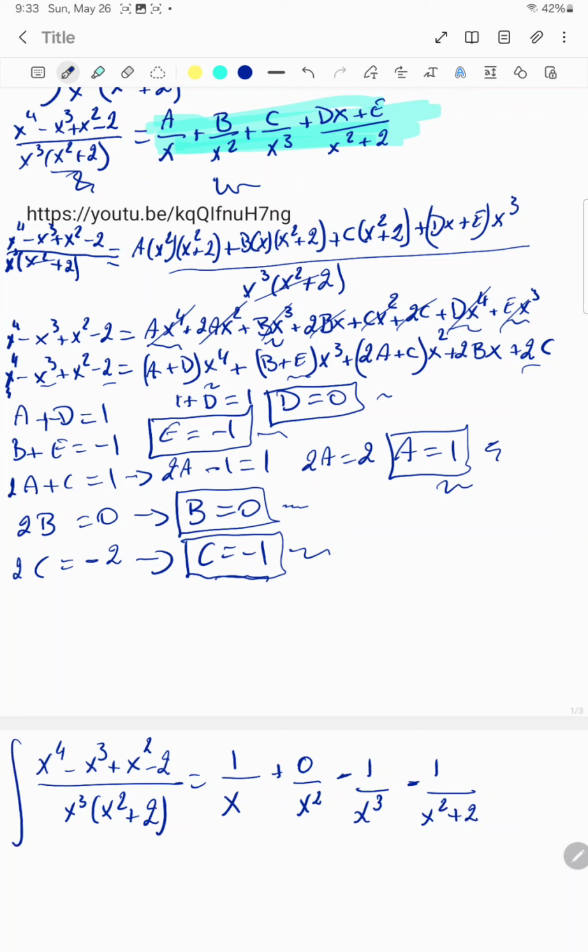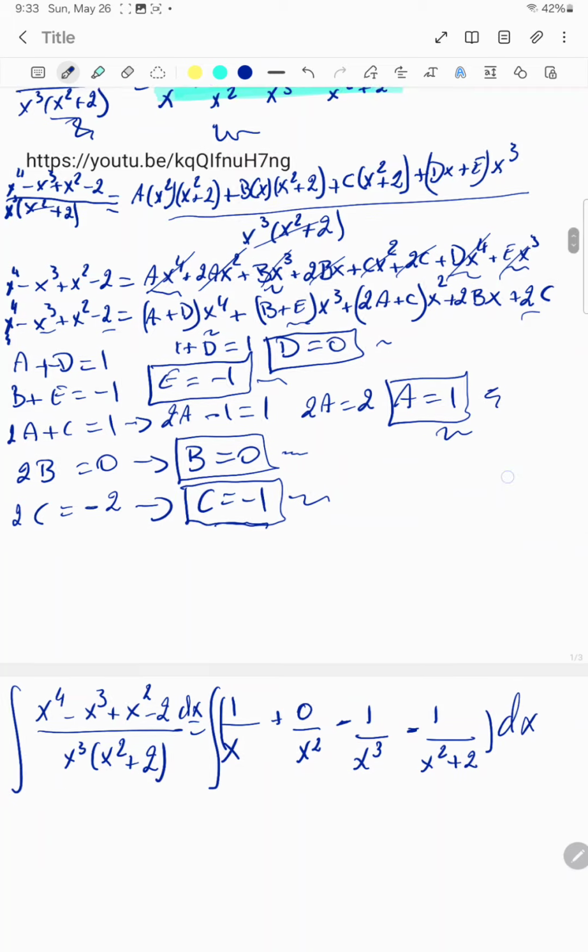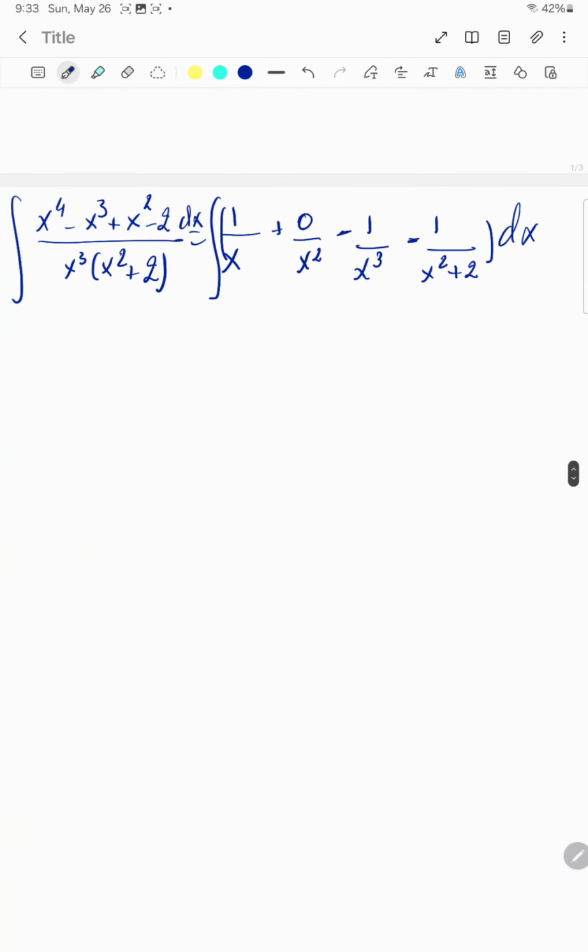And if I want to study the integral of this dx, I have to study the integral of all that dx. So now let's work with the right-hand side of my equation. It becomes the integral of 1 over x dx plus the integral of 0 times dx divided by x squared. But I know 0 times dx is 0, divided by x squared is 0, and the integral of 0 is 0.